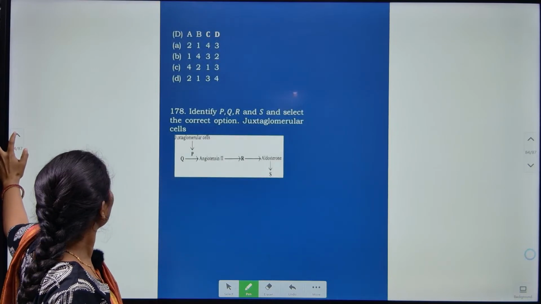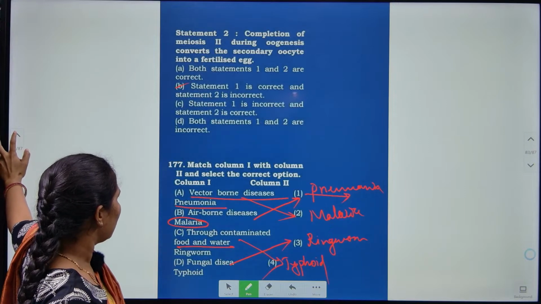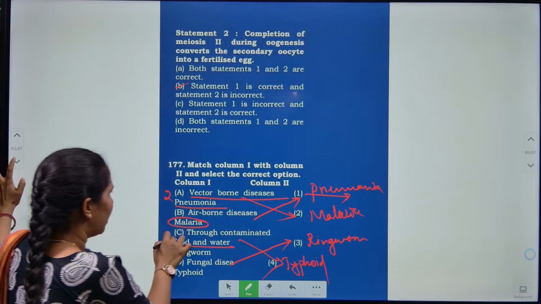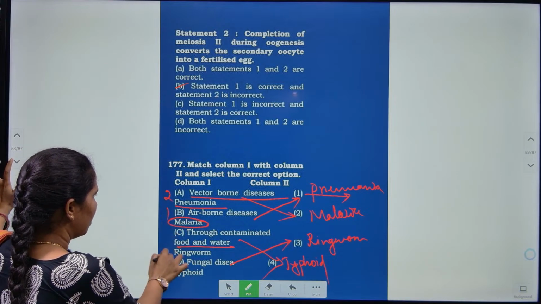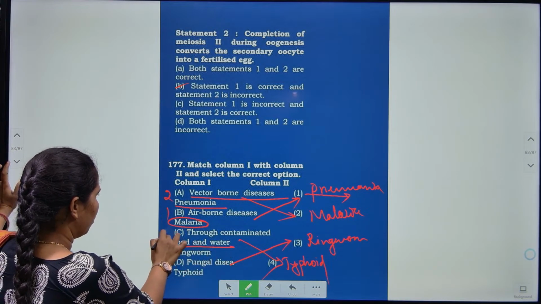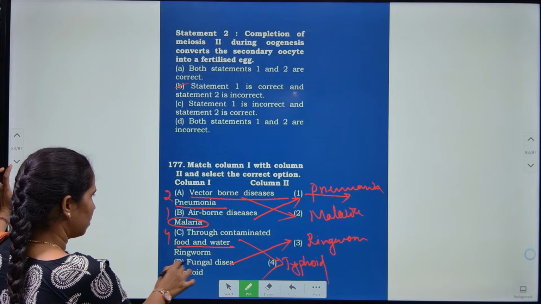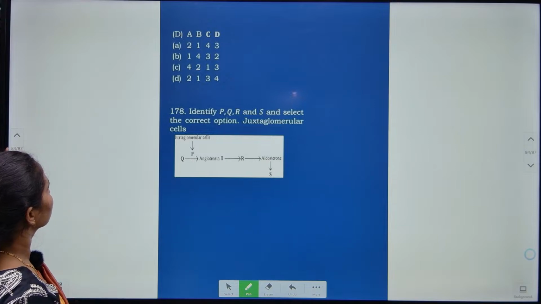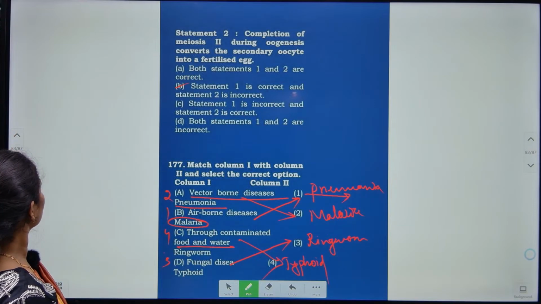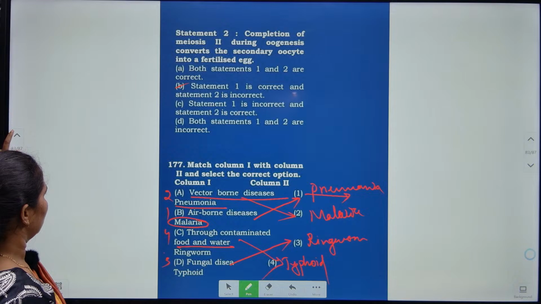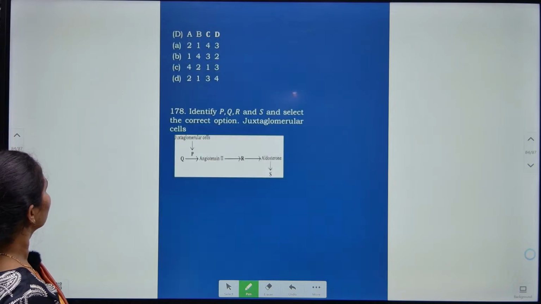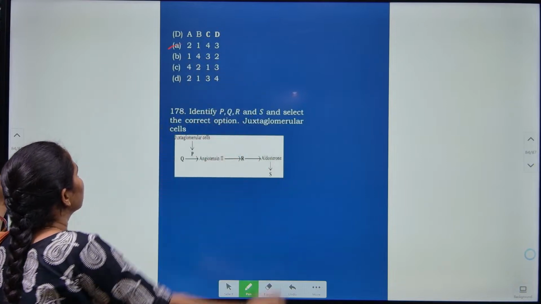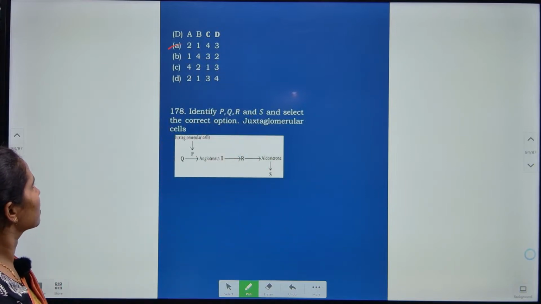So A is with 2, okay, A is 2, and B is 1, okay, C is 4, and D is 3. So this will be the right option. So 2 1 4 3, okay. Option A is the right option, okay.